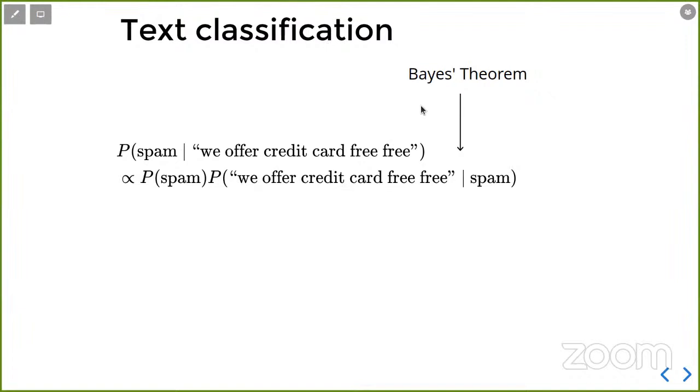Okay, so now what we do is, okay, what is the next step? Can someone tell me what the next step will be? Remember that we are doing naive Bayes. So we consider each word as independent and then. Right, you are right. So we use the naive Bayes assumption, which is what?